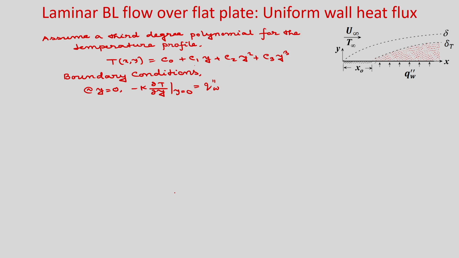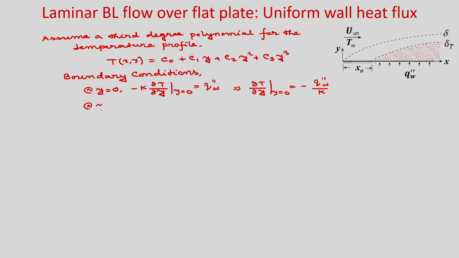So, del T by del y at y equal to 0 is equal to minus q double prime w by k. And at y equal to delta T you have temperature T infinity and also the temperature gradient del T by del y is equal to 0.